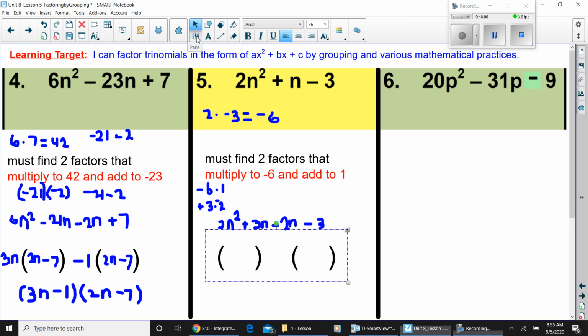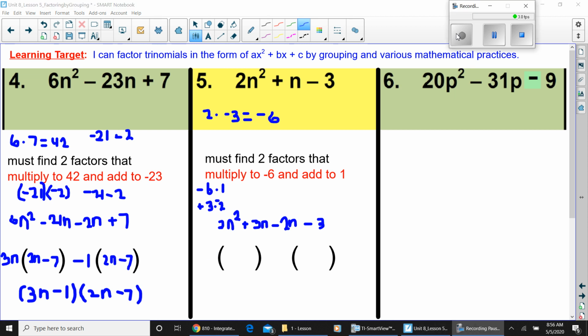When I go to factor out, I'm going to factor out an n, because that's the greatest common factor.